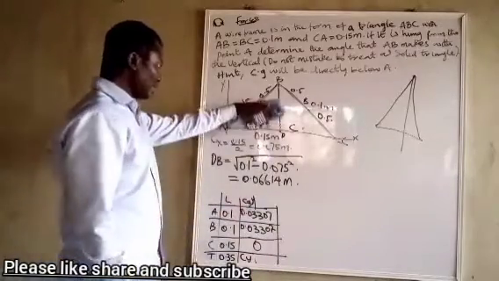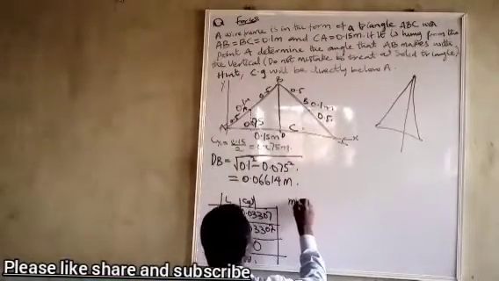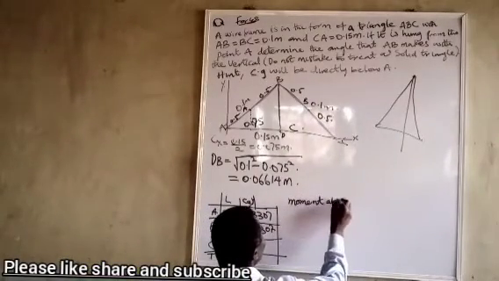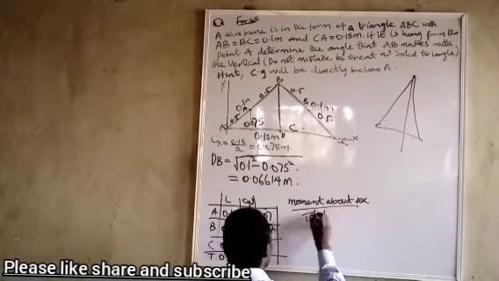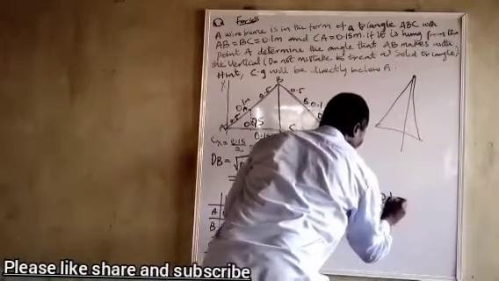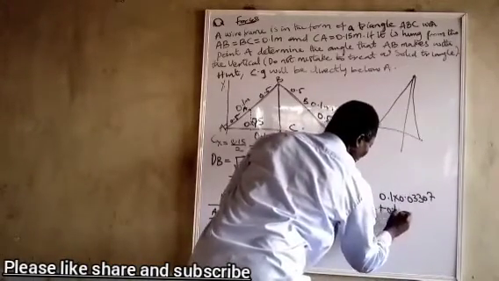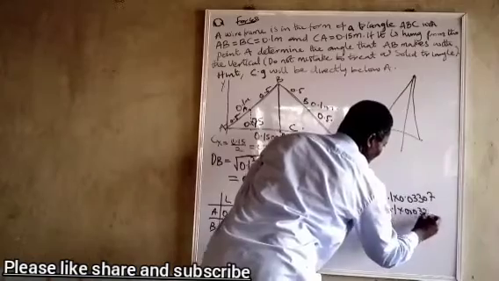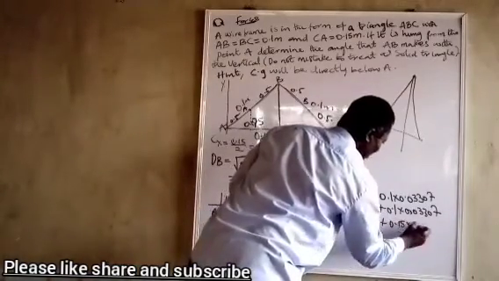Now for us to find this place, we are going to make it like this. Moment about AX over total length. What does that give us? 0.1 times 0.03307 plus 0.1 times 0.03307 plus 0.15 times 0.